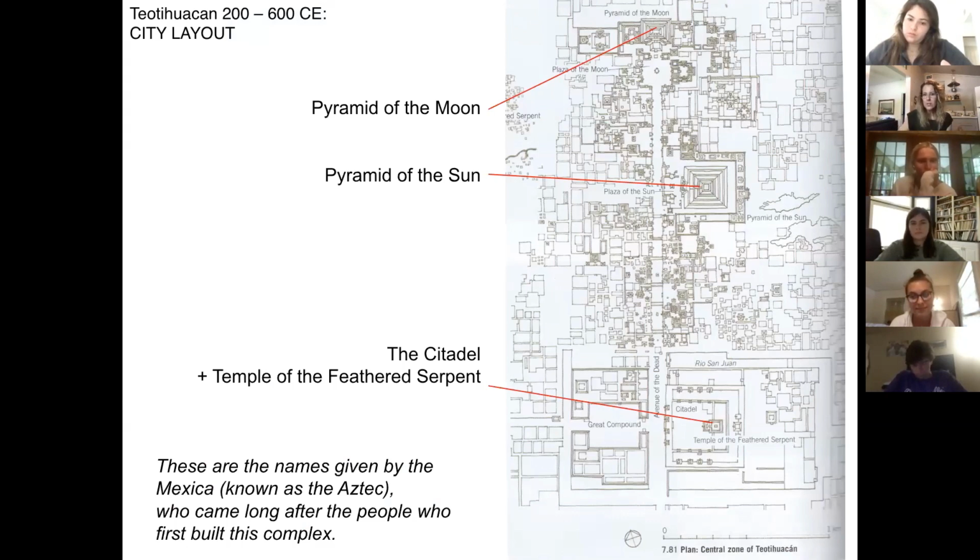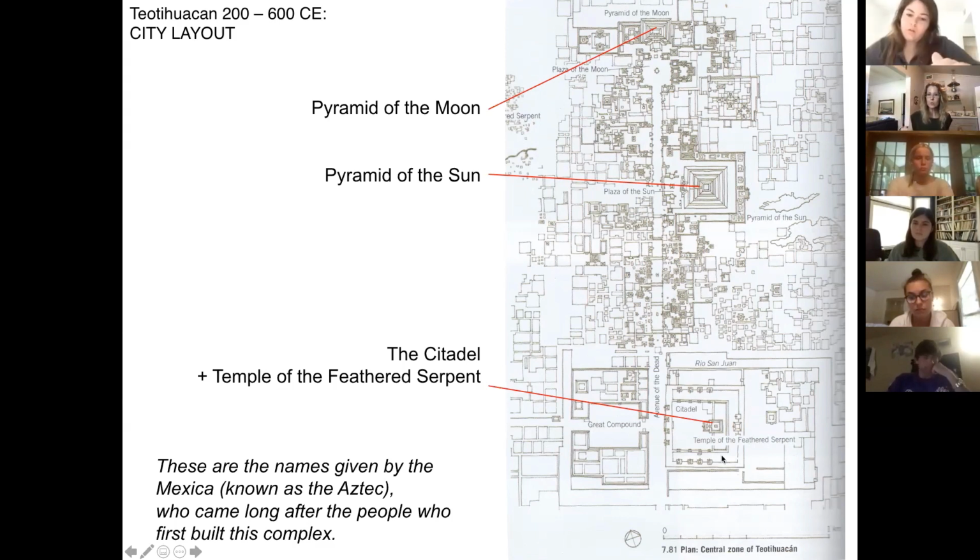So running along this axial route through the city, we have 3 major architectural sites. The Pyramid of the Moon, which is in the upper region of the plan here. The Pyramid of the Sun, north central, a little bit northeast. And then the Citadel and the Temple of the Feathered Serpent.